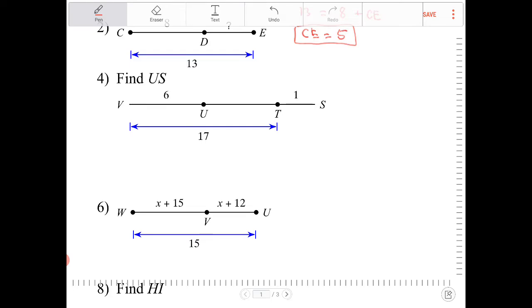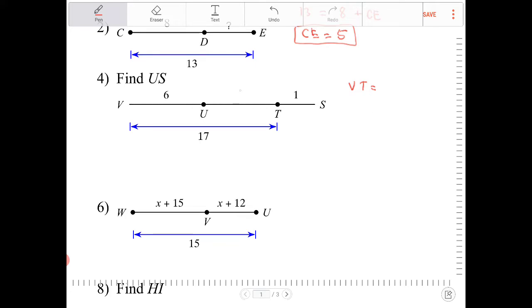Question number 4 says find US. How are we going to do that? Well, I know that VT is made up of VU plus UT.